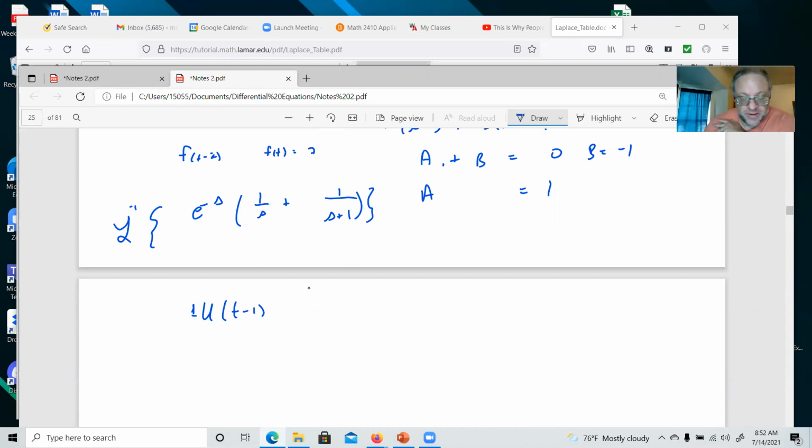Changing this argument here is not going to change this function. It's constant. And then plus, I've got again this unit step function t minus 1, and this is just going to be e to the negative t minus 1, because it's got to be negative.